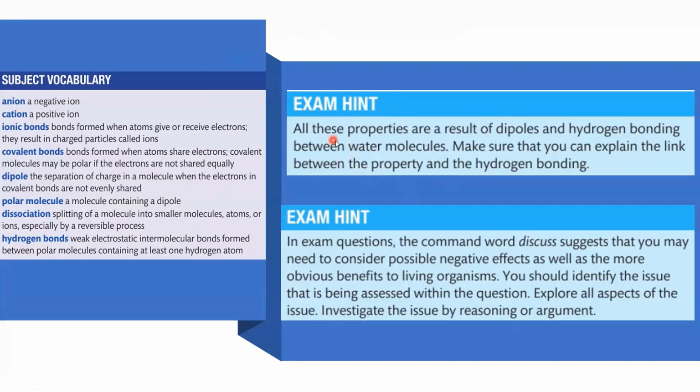Here, all these properties are a result of dipoles, or the dipolar nature of water, and the hydrogen bonding between water molecules. And make sure that you can explain the link between the property and the hydrogen bond if you are asked about such a thing in the exam.